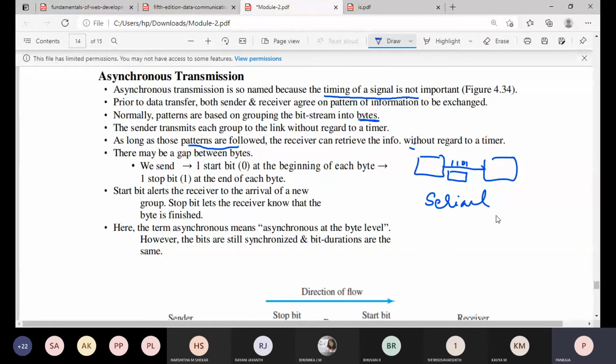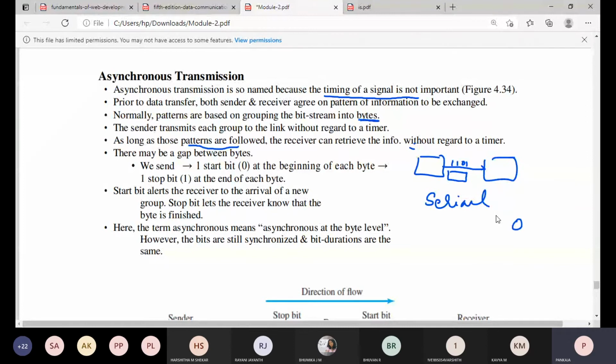So how is it done? What type of pattern can they use? Here we can send 0 as the start bit at the beginning of each byte, and 1 as the stop bit at the end of each byte. That means you are embedding 2 bits of information. So 0 is embedded at the beginning of the byte, followed by 8 bits of information.